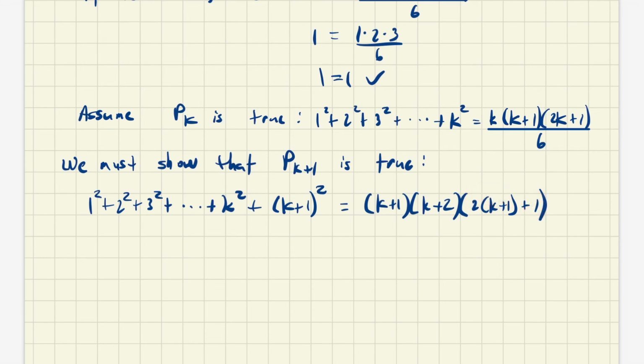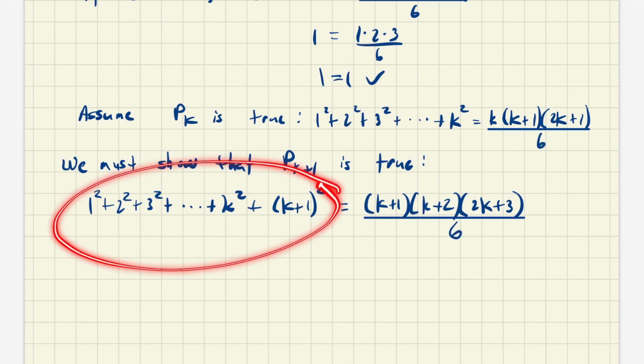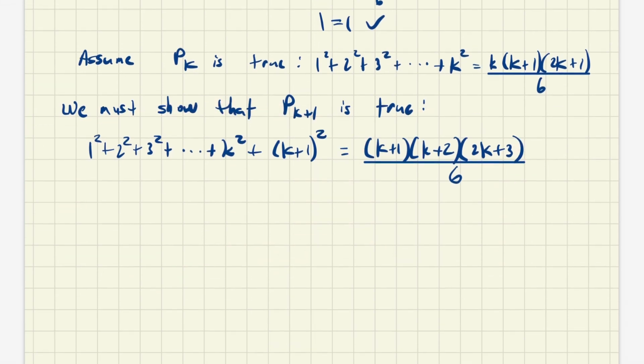We need to show that the left side is equal to the right side. So for the left side, we're going to put this part in brackets. The first k terms go in brackets. That's what we've been doing all along. And we're going to substitute the induction hypothesis into that because we're assuming that this is equal to this. So that's going to go here.